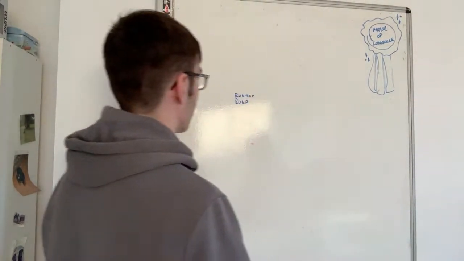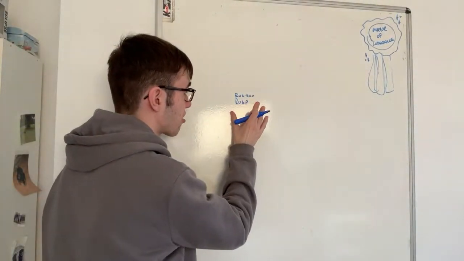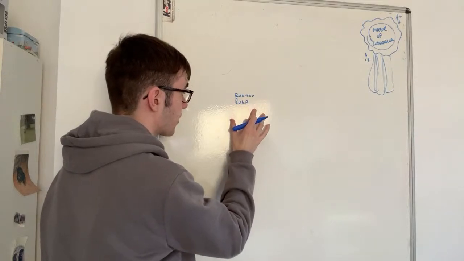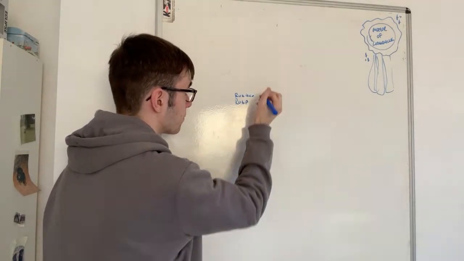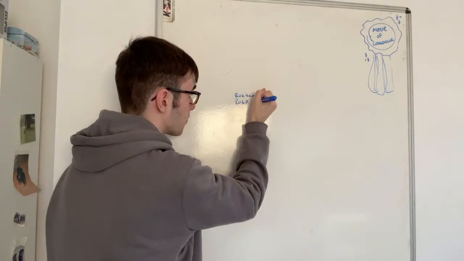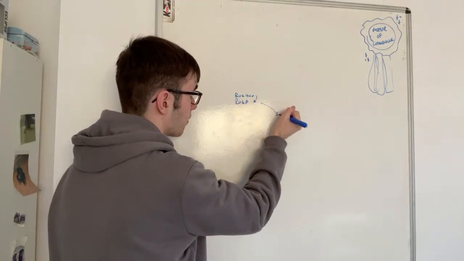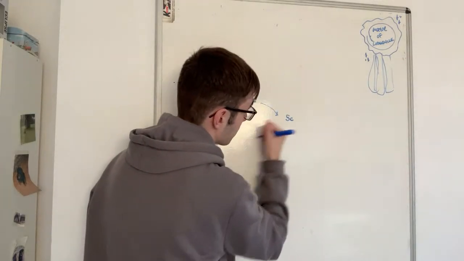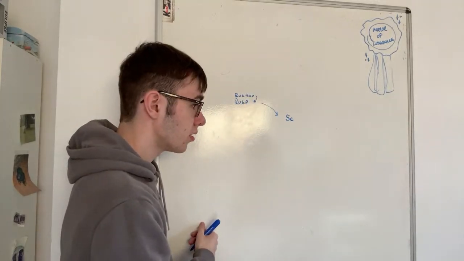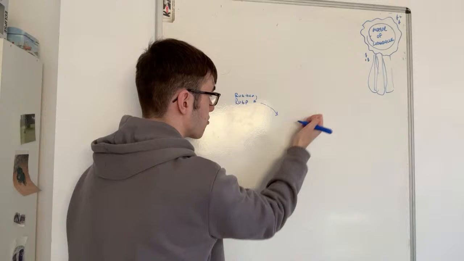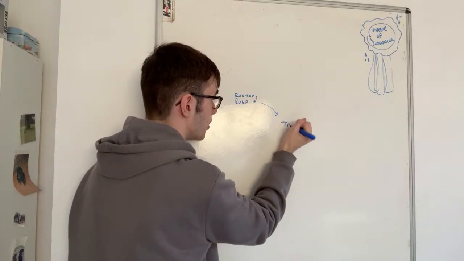Rubisco is the enzyme which combines something and something into RuBP. That then becomes a 5-carbon compound. No, is that the Krebs cycle I'm thinking of? Would it not split into TP?